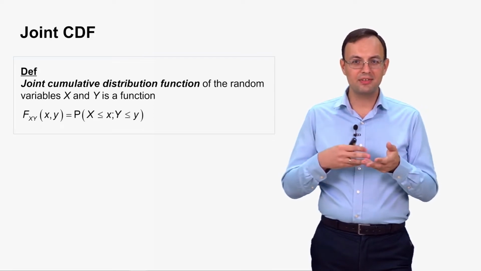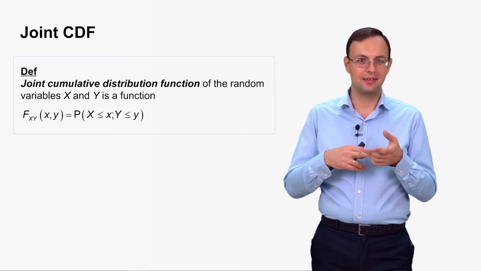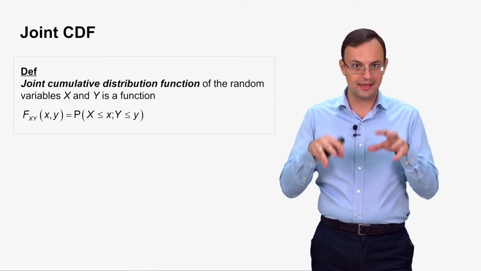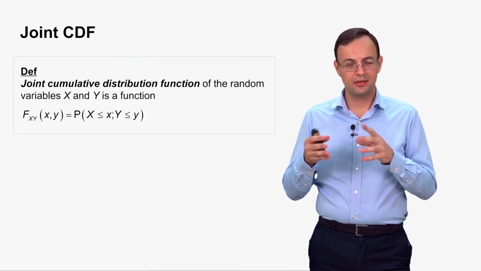This is the probability that both events will occur: x is less or equal than small x, and not or, but and y is less or equal than small y.